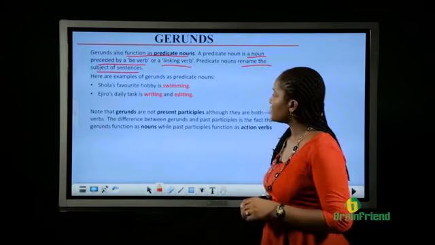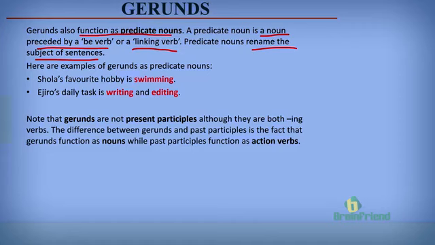For example, Shola's favorite hobby is swimming. Here we find the form of the be verb is, which stands as a linking verb, occurring before the predicate noun, which is a gerund, swimming. Ejiro's daily task is writing and editing.